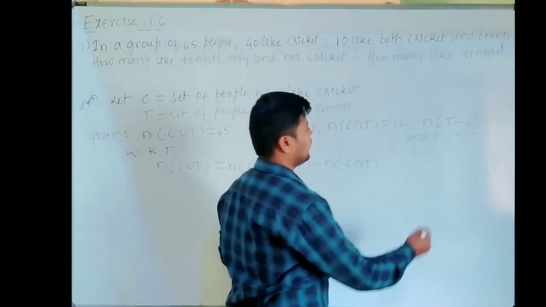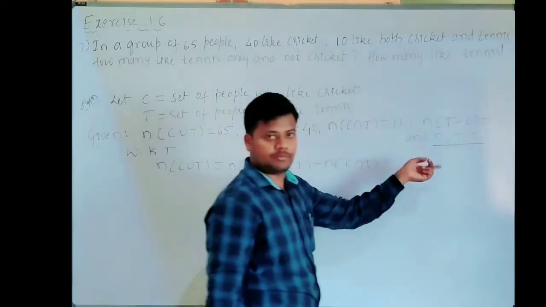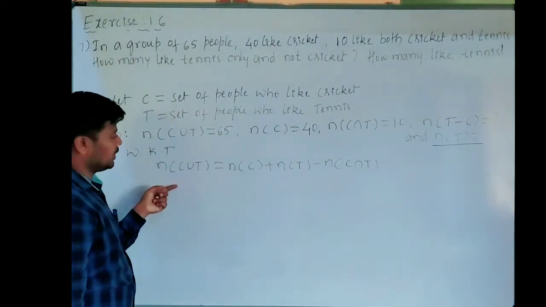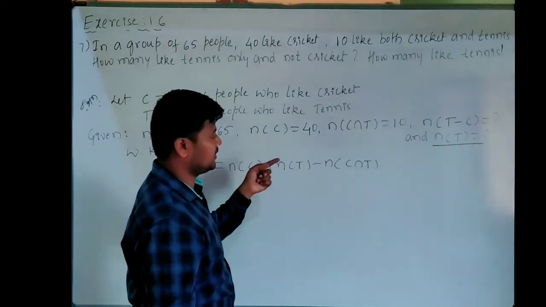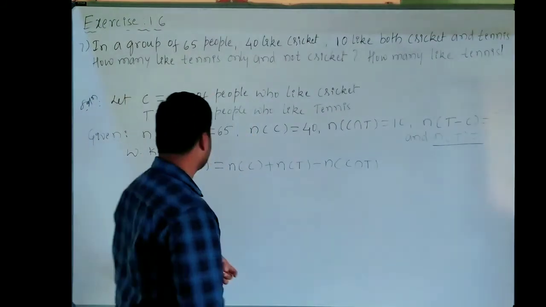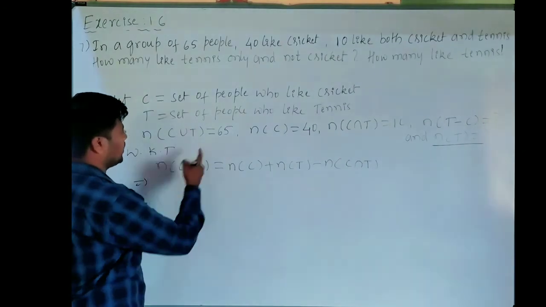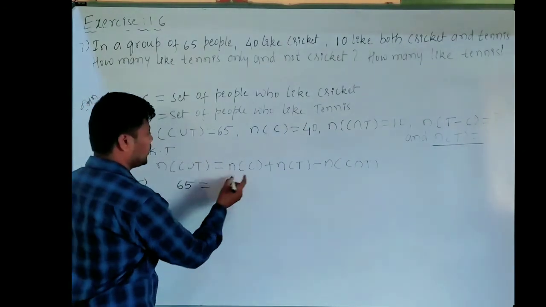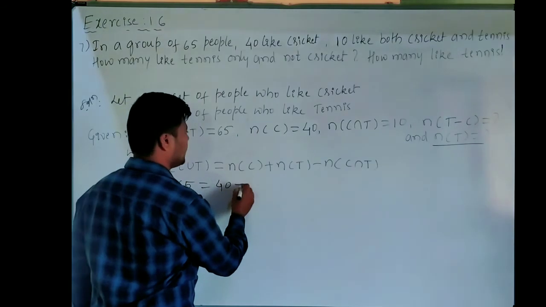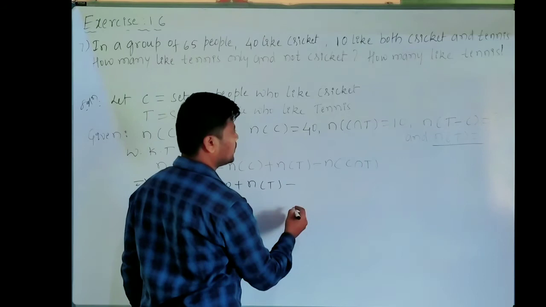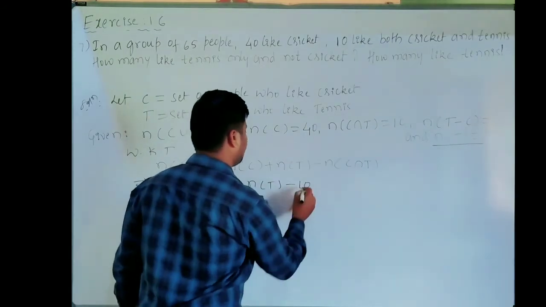First we have to find n of T. We know the formula: n of C union T equals n of C plus n of T minus n of C intersection T. Substitute the values: 65 equals 40 plus n of T, which we have to find, minus 10.